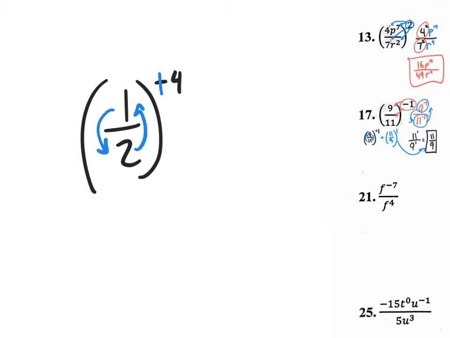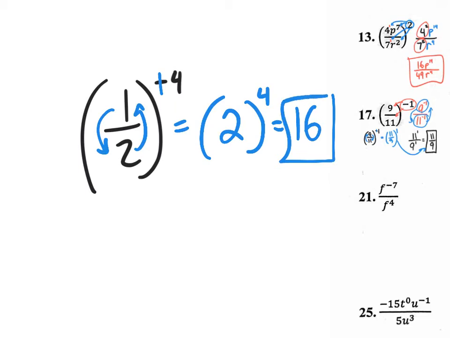So if you do flip that inside fraction, it becomes 2 over 1, which you don't really even need over 1, it's just 2. And 2 to the 4th power is 2 times 2 times 2 times 2, 4 times, which is 16. So 1/2 to the negative 4th power is really 16.